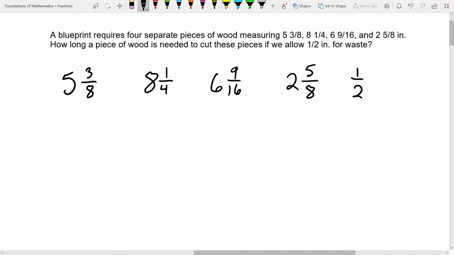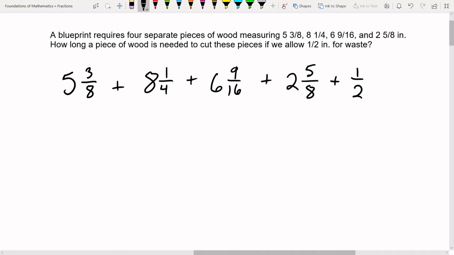To find the length of the total board that we're going to cut up into these 4 parts, all we have to do really is just add these all together. If these are all the lengths and we add the waste onto there, then we should get these measurements when we cut it all up. Now we can do this multiple ways. These aren't too hard to do just by adding the mixed numbers together.